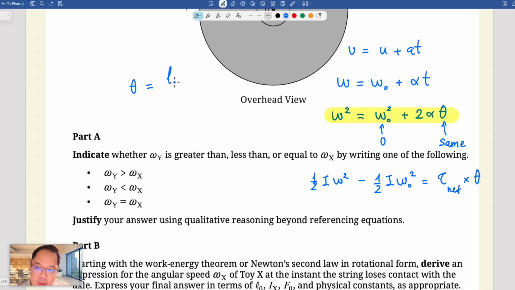That distance is L0, which is the maximum length of the string unwinding.